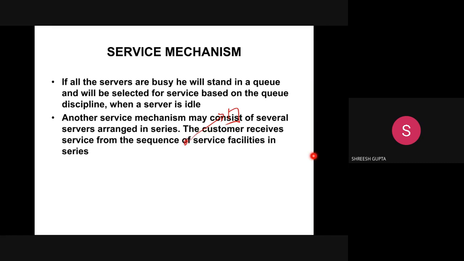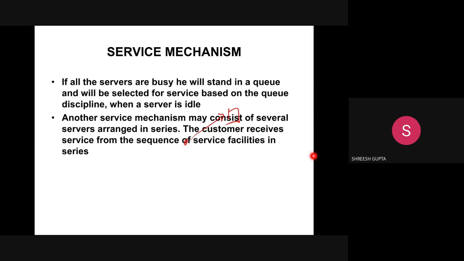Another service mechanism may consist of several servers arranged in series. For example, in a bank, you give your check to the dealing clerk, then that clerk checks the amount, account number, signature and all these things. Then he passes the check to the provisionary officer. Then the provisionary officer checks the signature, right?